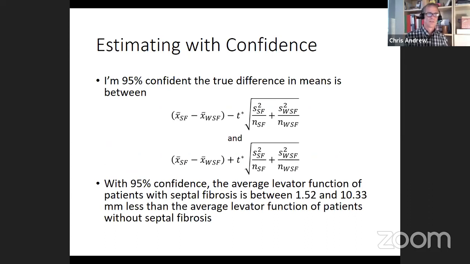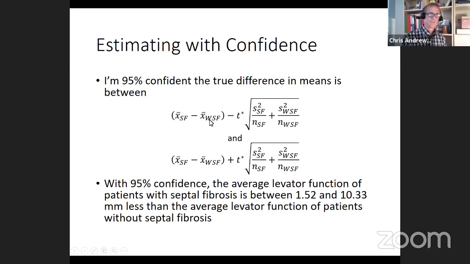There are some formulas for this. In this particular situation, we're going to take the difference in the means in our sample, and then give ourselves a margin of error. We're going to subtract some constant, and this should look familiar. A lot of it is the denominator of the test statistic.